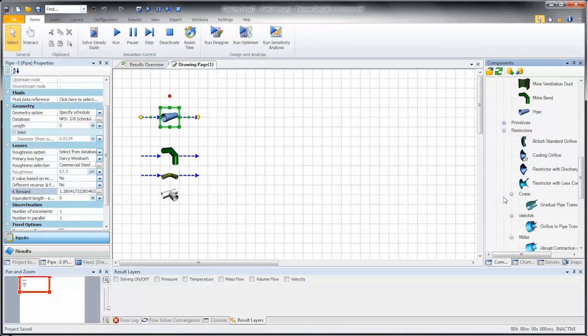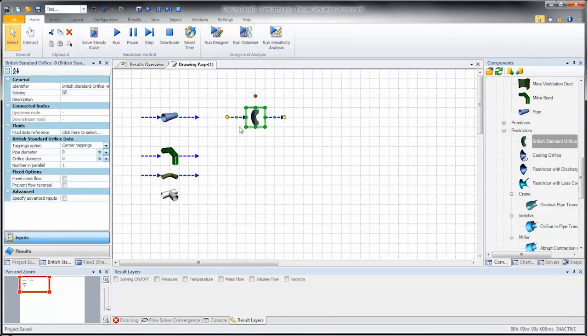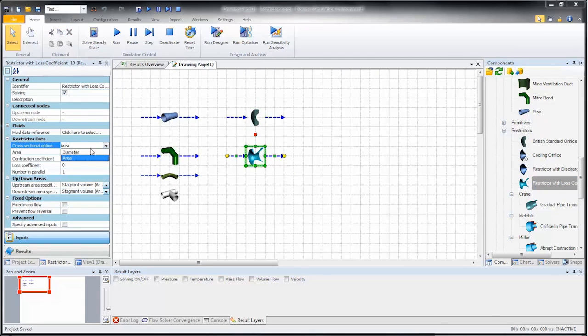We furthermore have an orifice with required inputs for the tapping specification, pipe diameter and orifice diameter. Generic restrictor with loss coefficient component with required inputs for the area or diameter, the contraction coefficient quantifying the vena contracta effect, and the loss coefficient.